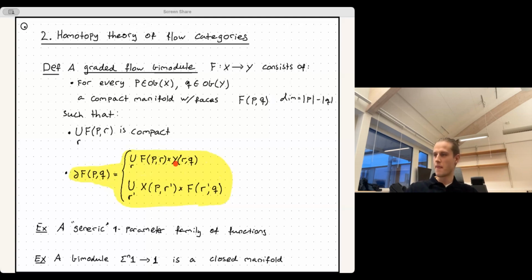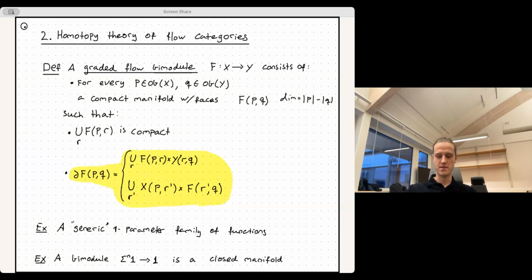You're either breaking at some object of Y, or you're breaking at some object of X. So this union runs over all the objects of Y, and this union runs over all the objects of X. And again, I'm saying that the boundary is this, but I mean that the full corner stratification of F_PQ is determined by exactly these codimension 1 strata and their natural intersections.